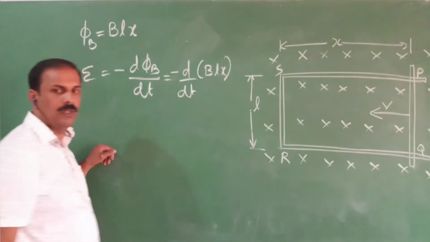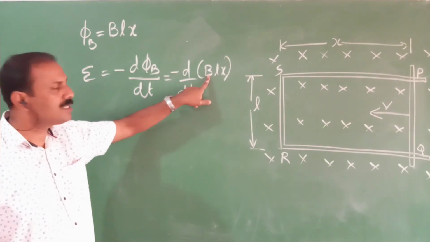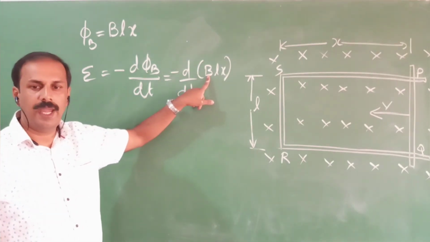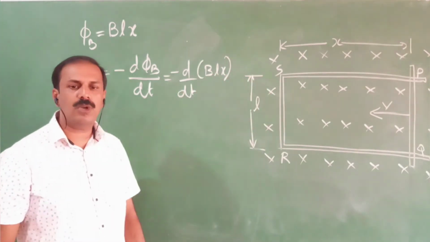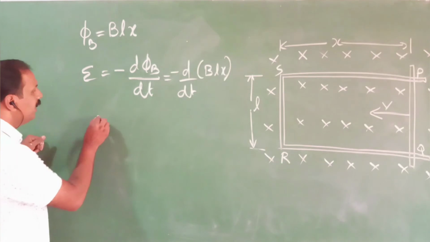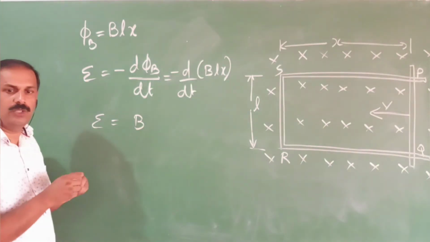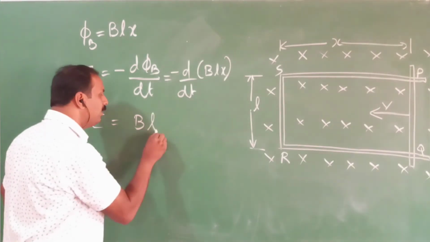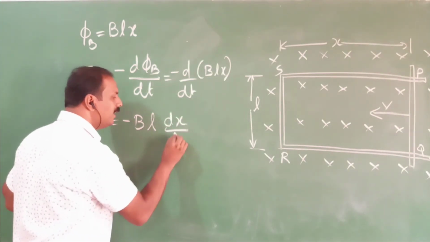Now you can see that B is the magnetic field and L is the length. This B and L remain constant here. So we can write EMF is equal to minus B L, remaining is dx by dt.